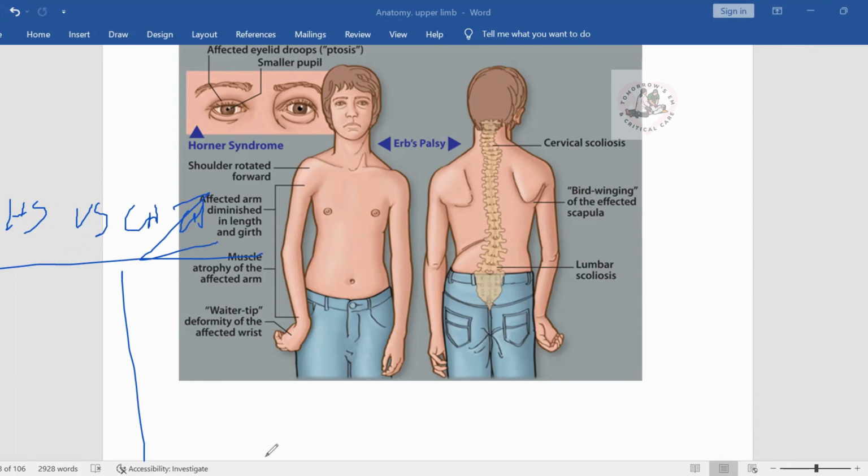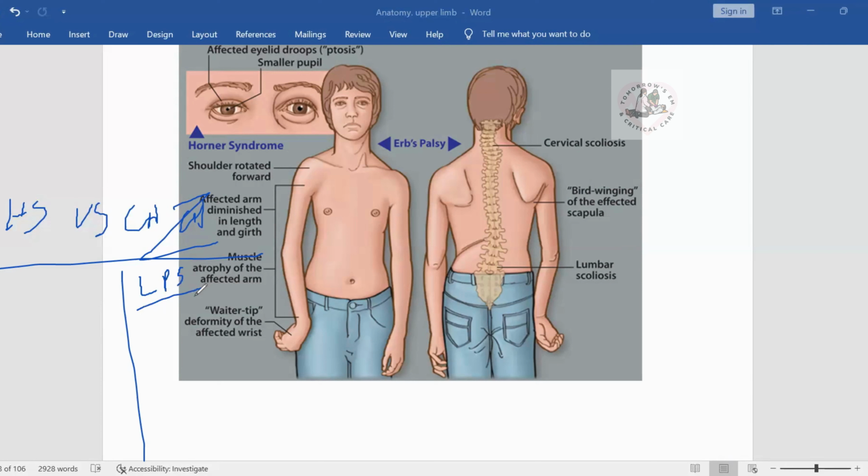But in case of cranial nerve three lesion, which muscle is involved? It is the levator palpebrae superioris. In cranial nerve three lesion, the affected muscle is levator palpebrae superioris. This is the strongest muscle.